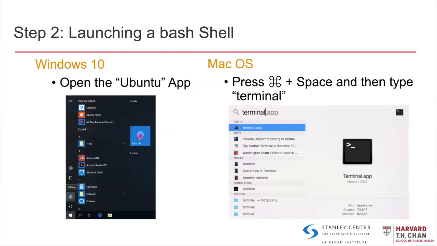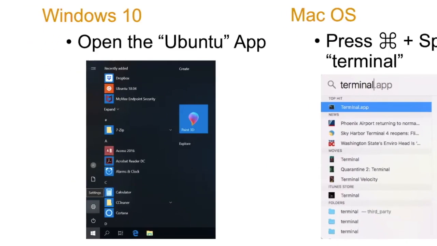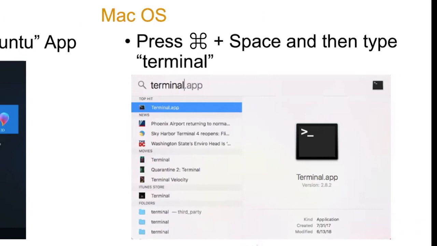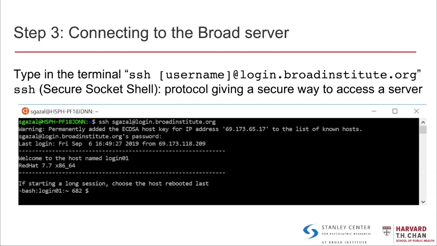The second step is to launch a bash shell. As I said previously, if you are on Windows, you need to open the Ubuntu app. If you are on macOS, you need to open Mac Terminal. Now the third and last step is to connect to the Broad server through the terminal.